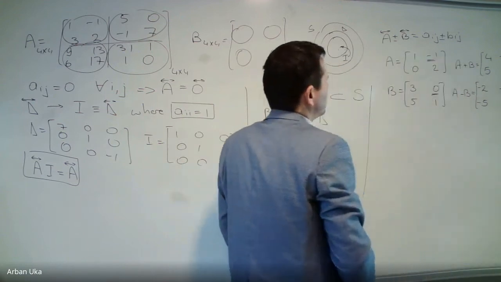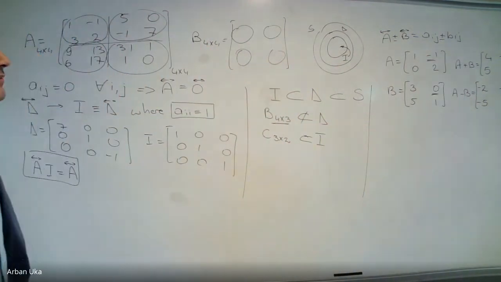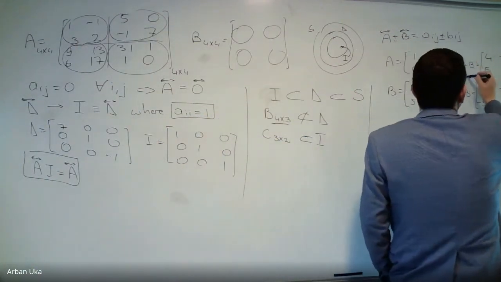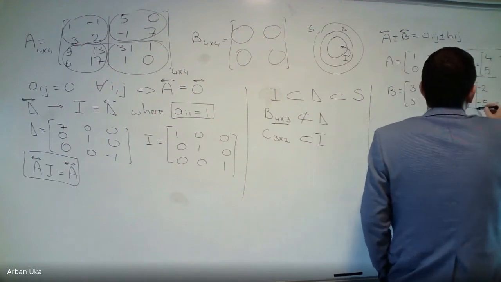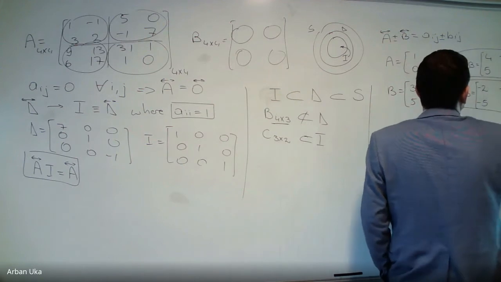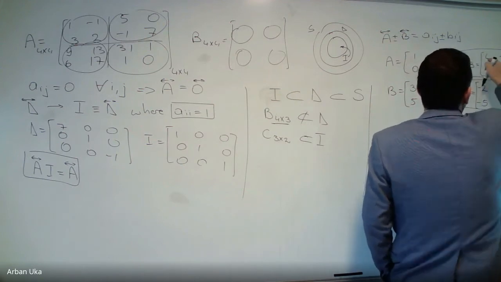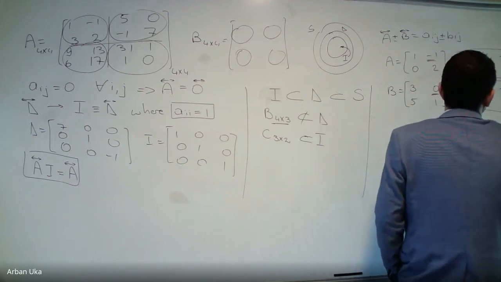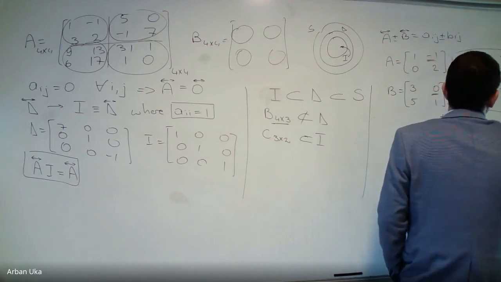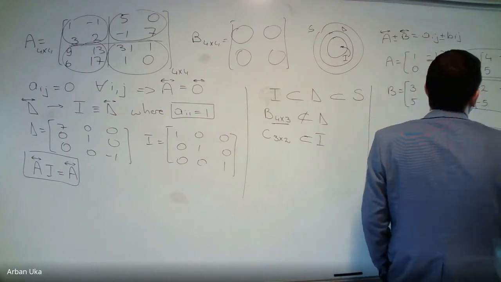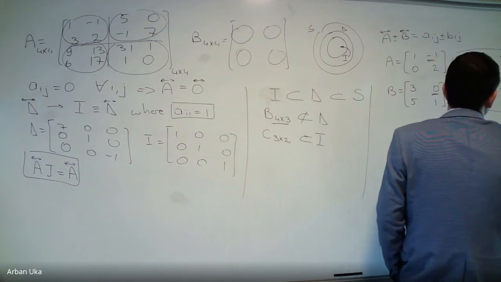Okay, so this is A plus B and A minus B. If we add up this matrix here and this matrix here, that makes 4 minus 2, it's 2, minus 1 minus 1, it is minus 2, 5 minus 5 is 0, and then we have 3 plus 1, which is equal to 4.